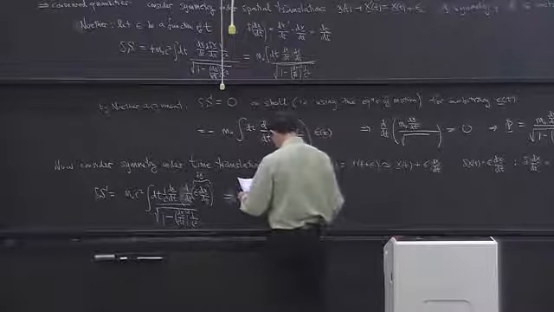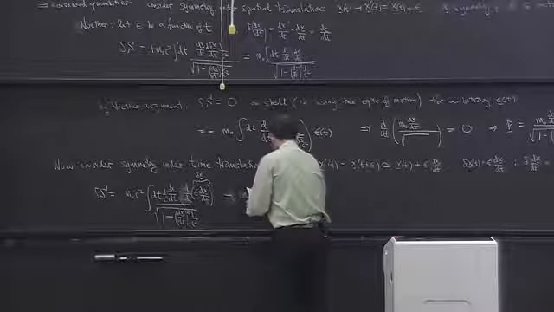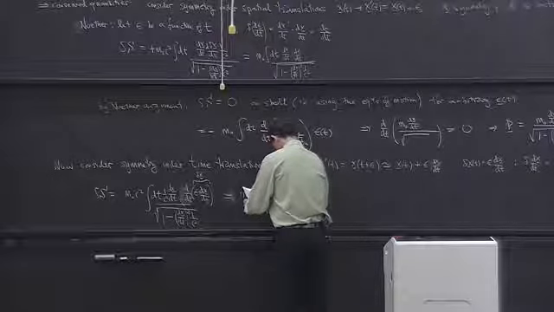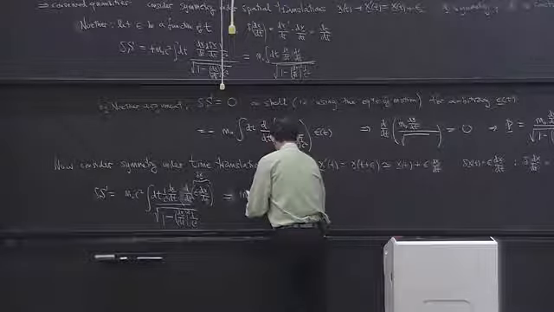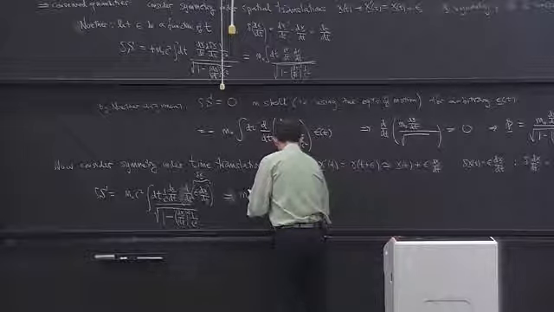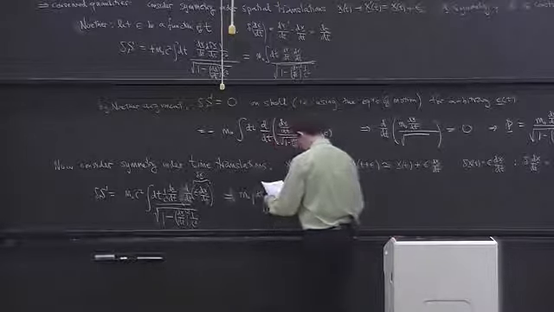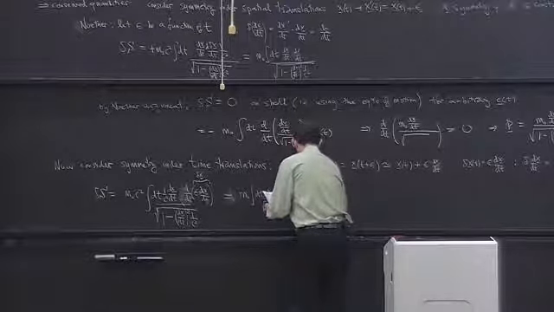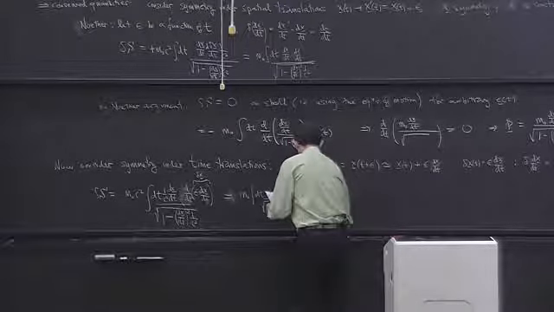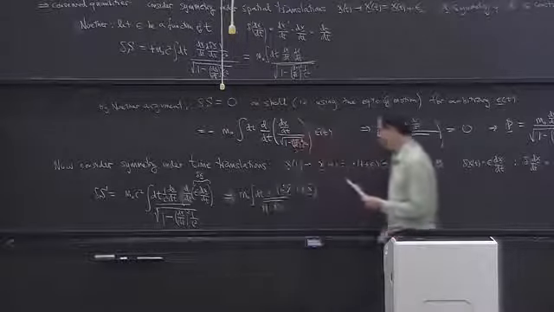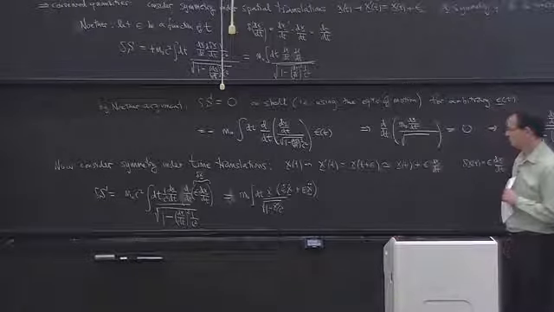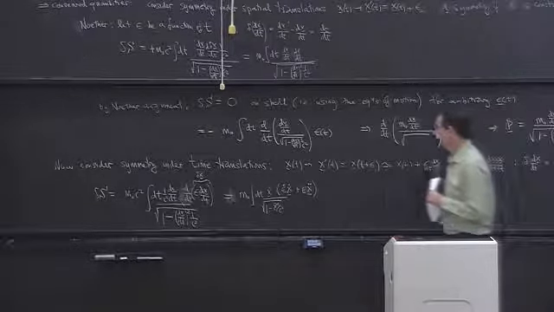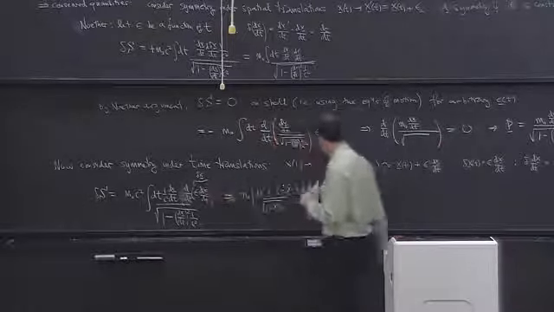And then in the numerator, I've got epsilon dot x dot plus epsilon x double dot, okay, just calculating this out.